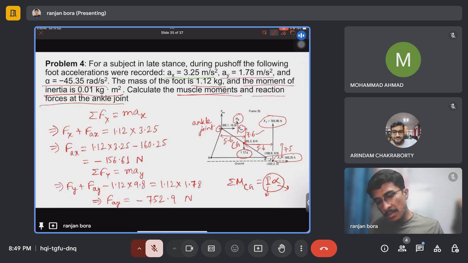That means this anti-clockwise direction assumption is not the actual direction. The actual direction of the moment will be clockwise. And also Fx will be in this direction and Fy will be in the downward direction.